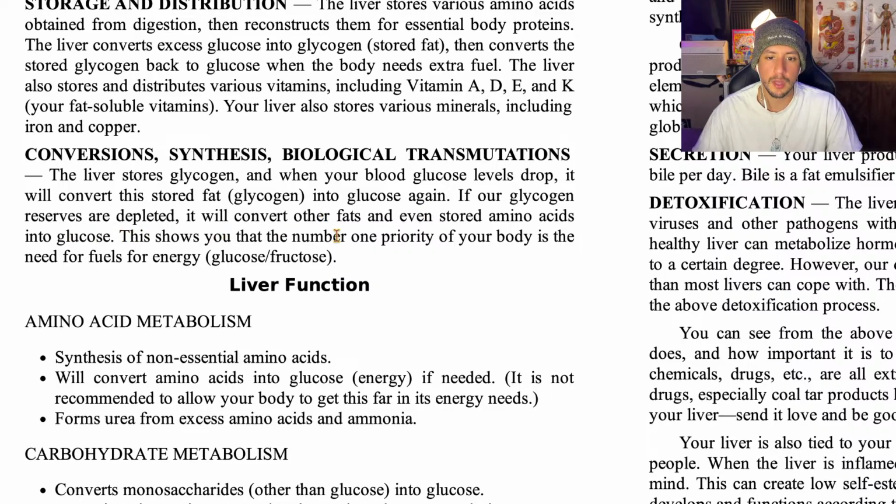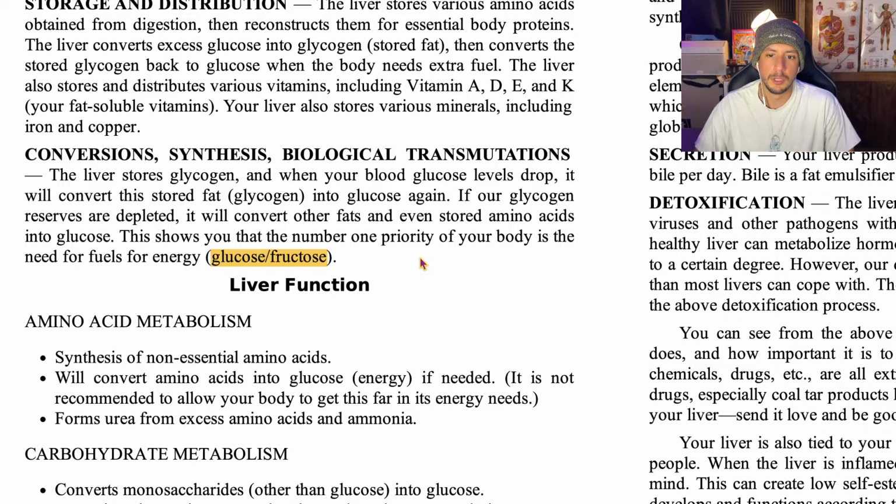This shows you that the number one priority of your body is the need for fuels for energy, glucose and fructose. So it's crazy, right? Because whenever you need this, it'll turn fat and muscle, or amino acids, into glucose, and your body will get it however it can get it.